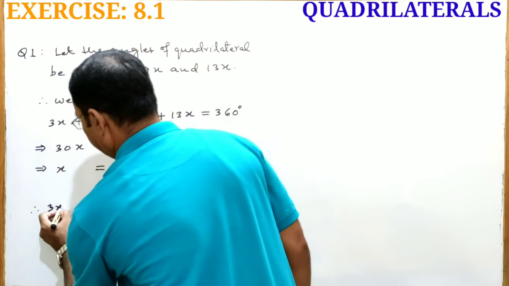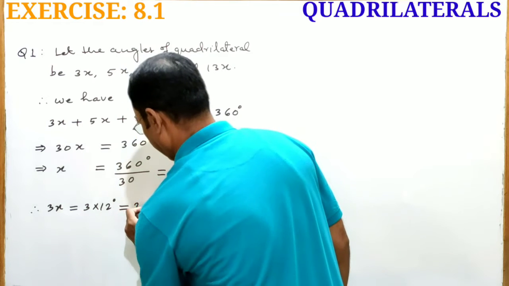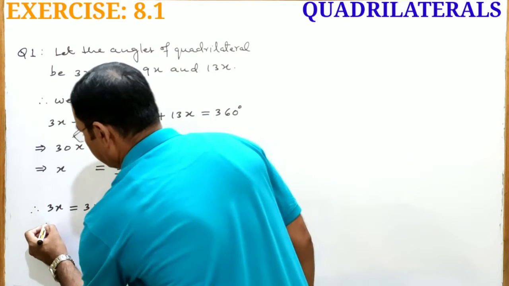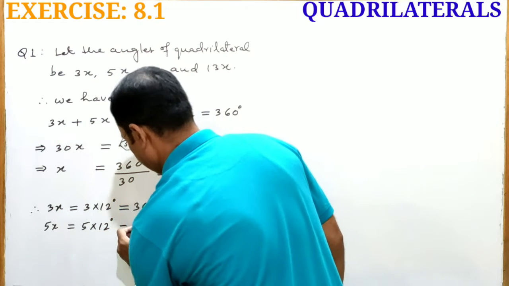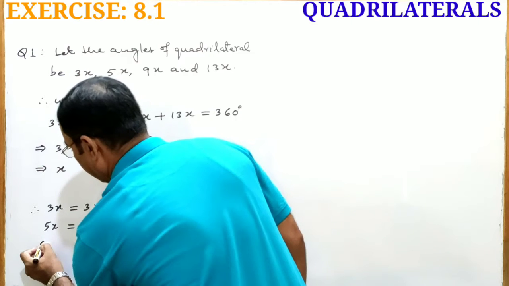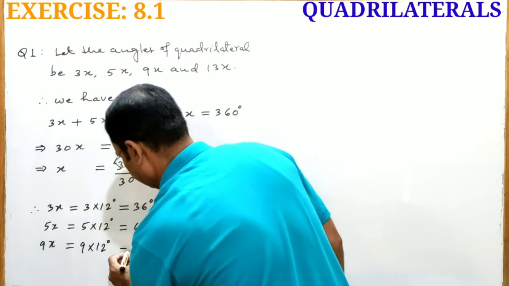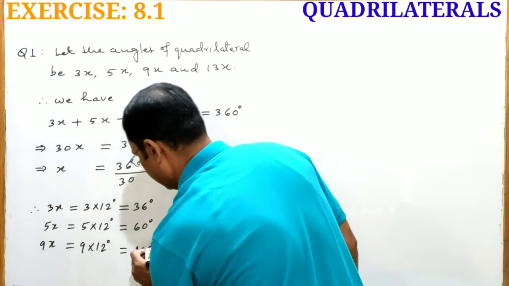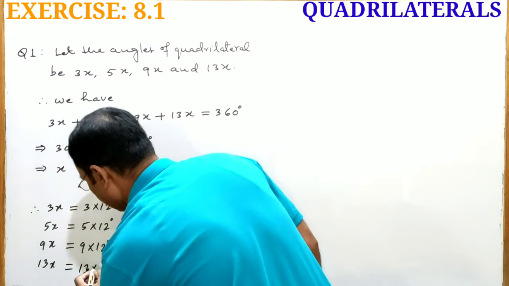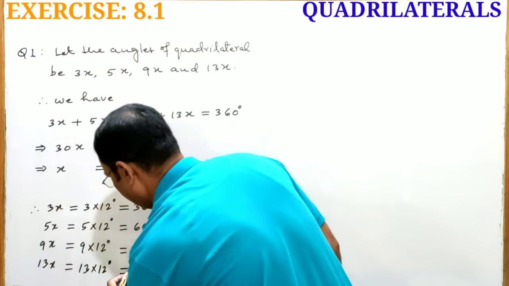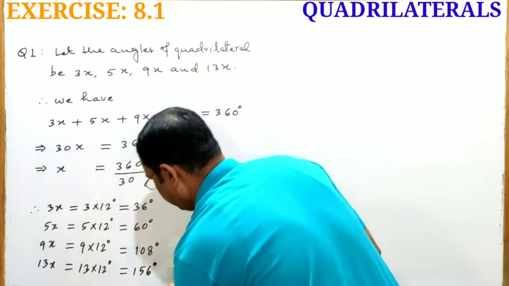Therefore 3x equal to 3 into 12 degrees equal to 36 degrees. 5x is 5 into 12, 60 degrees. 9x equal to 9 into 12 degrees, 108 degrees. 13x is equal to 13 into 12 degrees, 156 degrees.